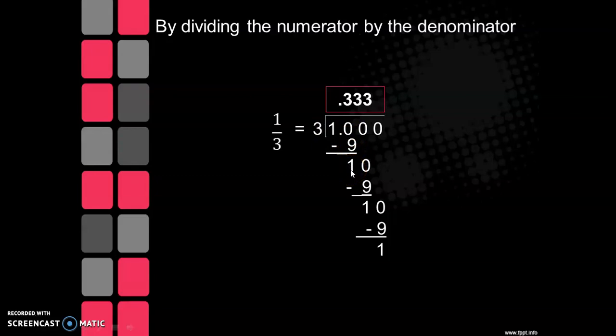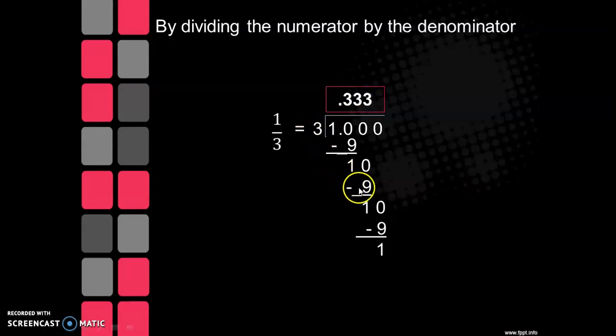Back to the division. However, 1 cannot be divided by 3, so we add 0 and bring it down to make 10. 10 divided by 3 is also 3. That is the second quotient. Then multiply it again by 3.